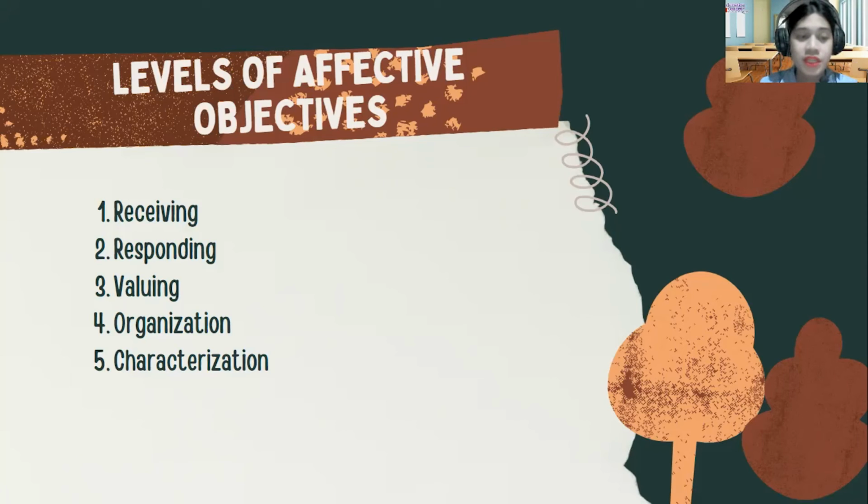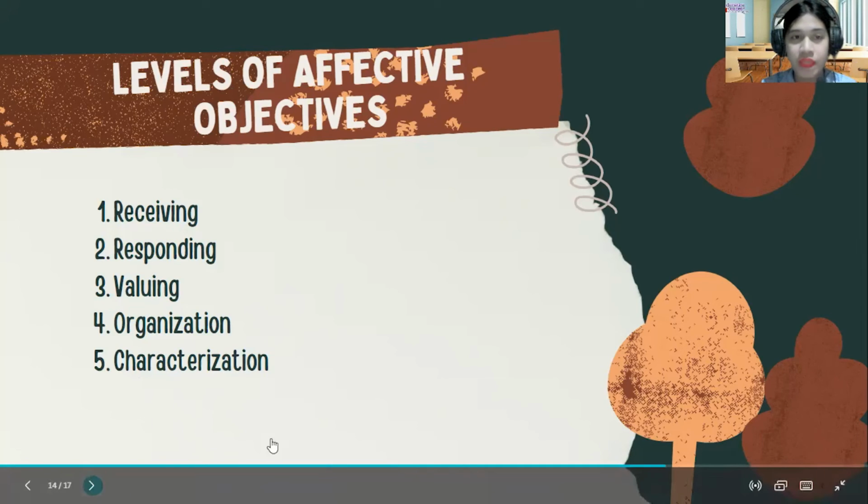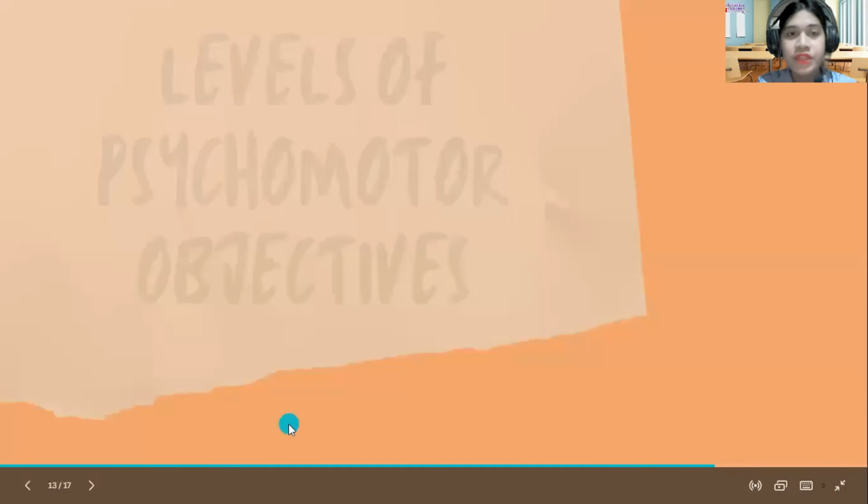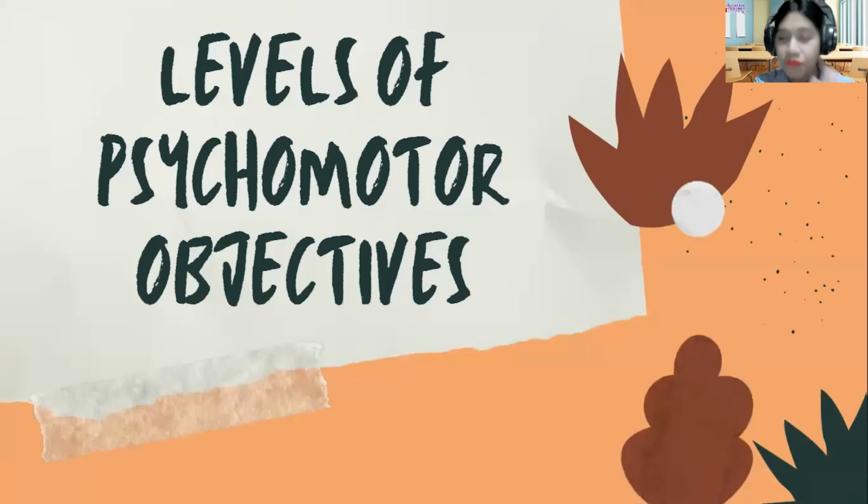Okay, so moving on with our next slide. Going to the levels of psychomotor objectives. When you're talking about the levels of psychomotor objectives, it has 4 levels.